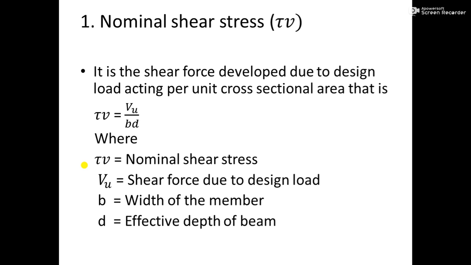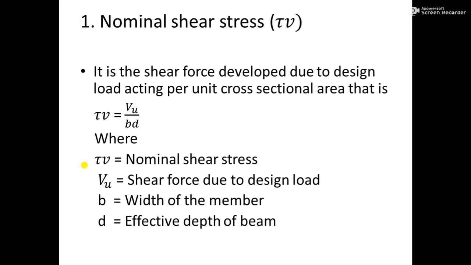Nominal shear stress is the shear force developed due to design load acting per unit cross-sectional area.